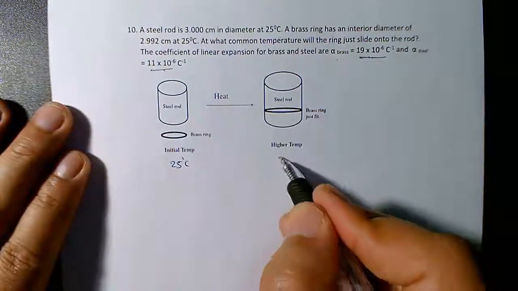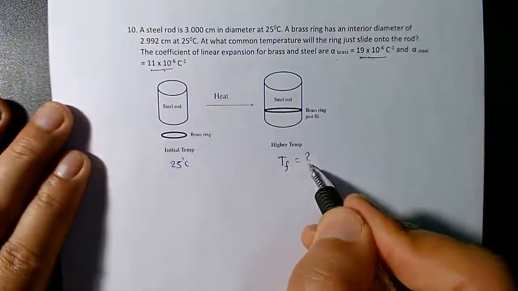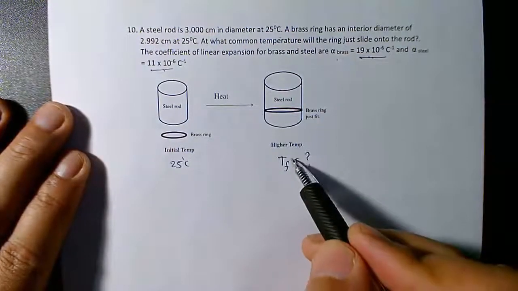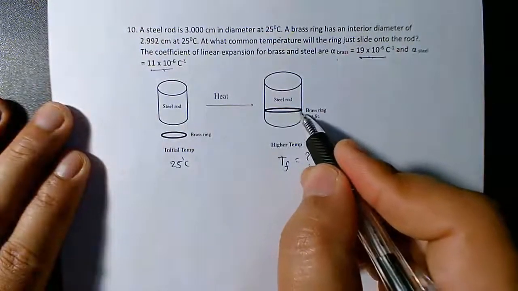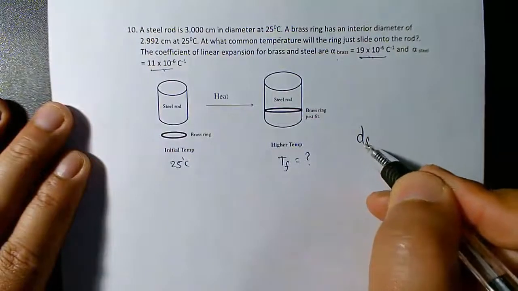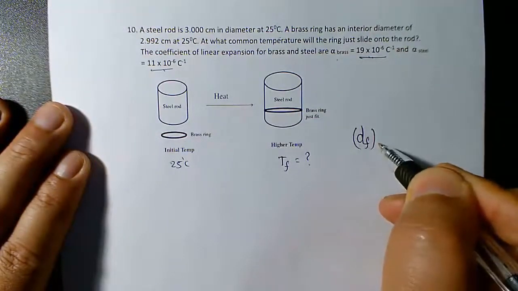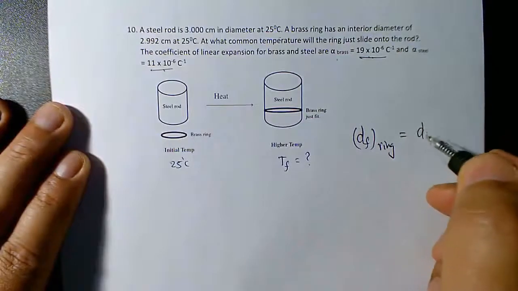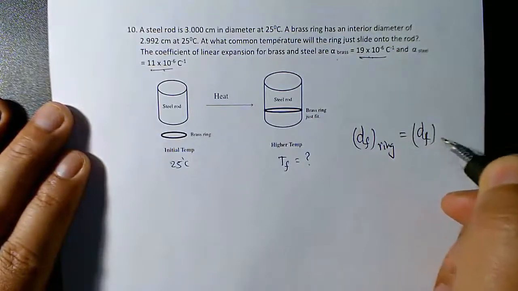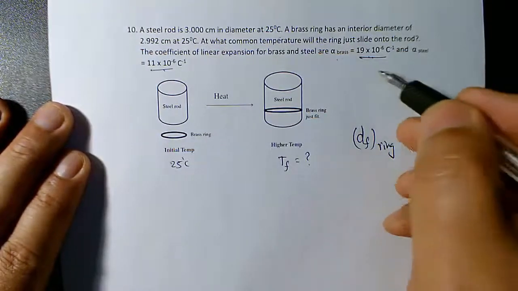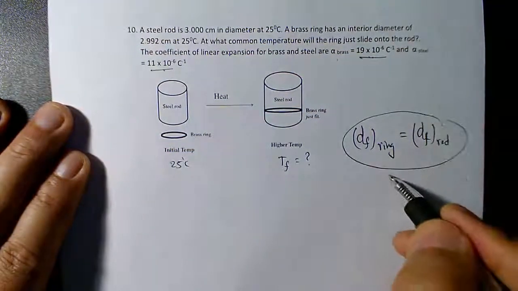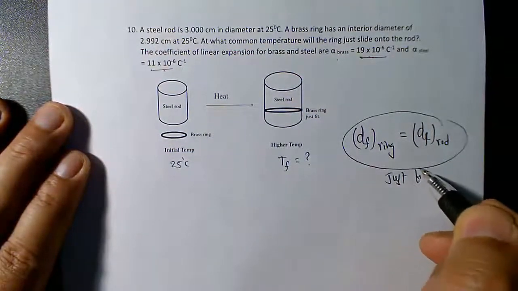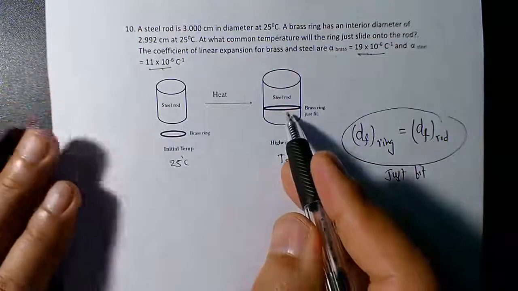Then at some higher temperature, we have to find out at what higher temperature it will just fit. That means the final diameter of the brass ring is equal to the final diameter of the steel rod, based on the question. If that happens, it just fits, right?